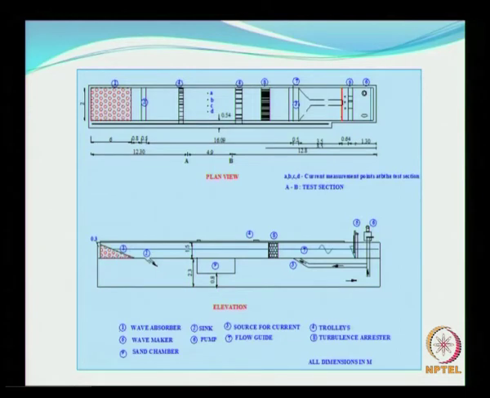So what I have explained here is shown here. You see that this whole thing is the reservoir, this is the original bottom of the flume, and these are the side walls, and this is the pump for generating the current. You have the delivery pipe, which jets the water inside the flume, and this is the water depth.